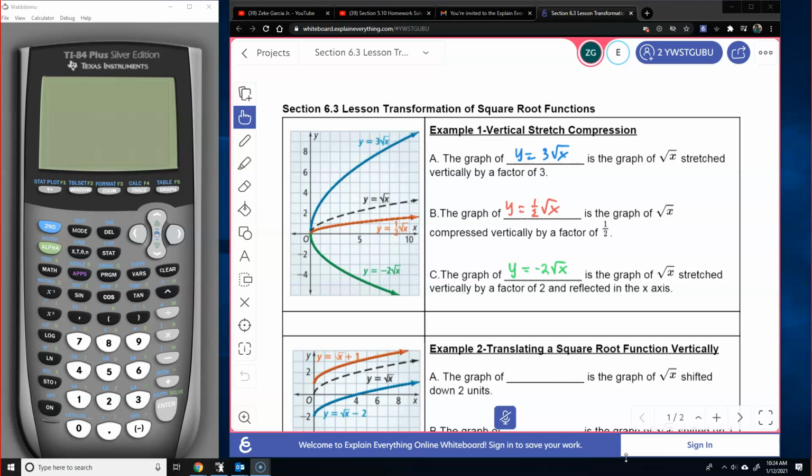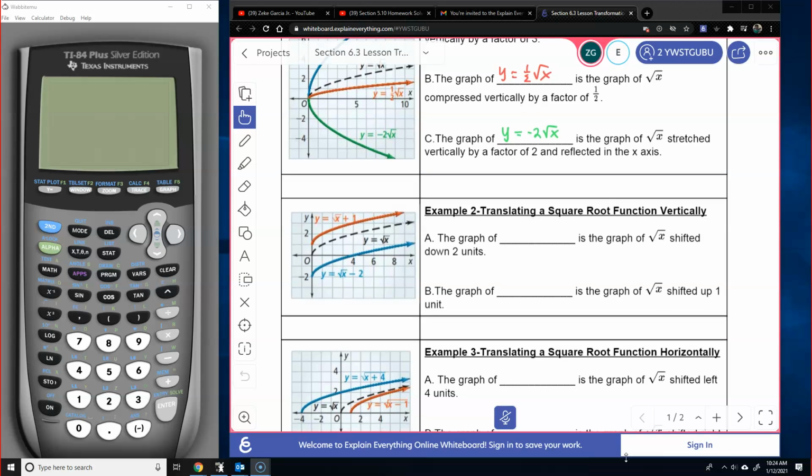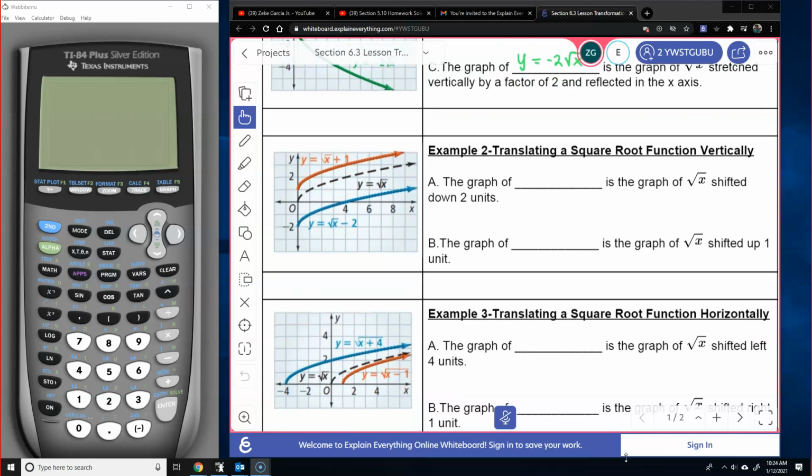If we look at example 2, you notice that we have the parent function. Here is the parent function. And we know that the +1 is going to move the function up, and we notice that the -2 is going to move the function down. So if we look at A, it says shifted down 2 units.